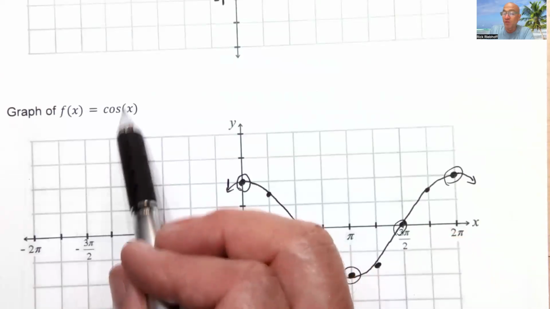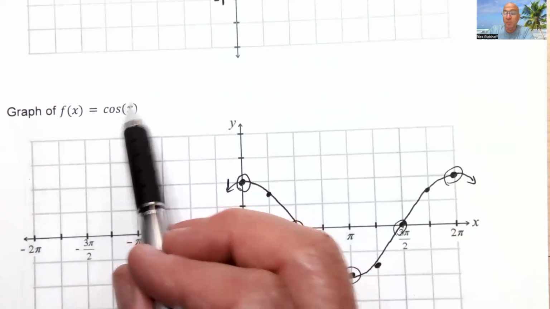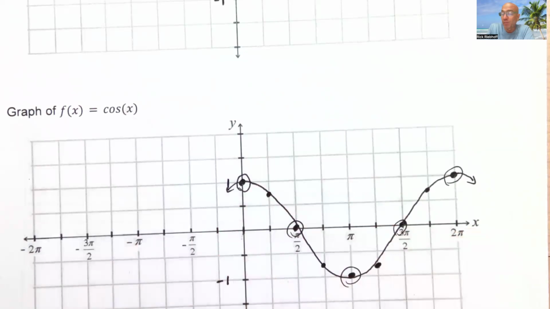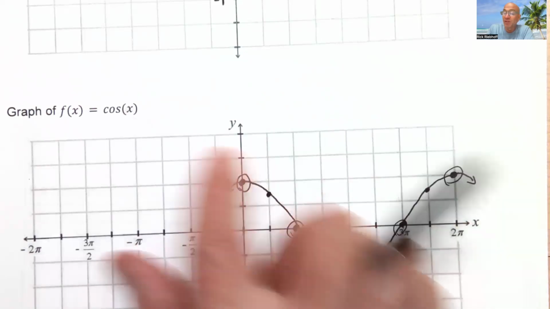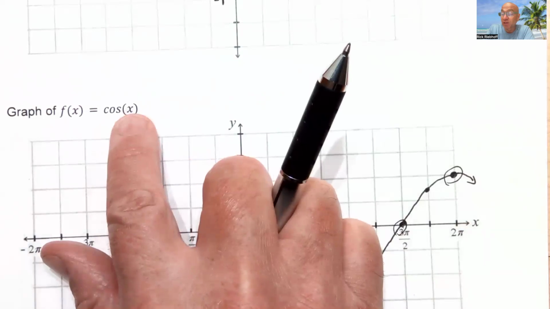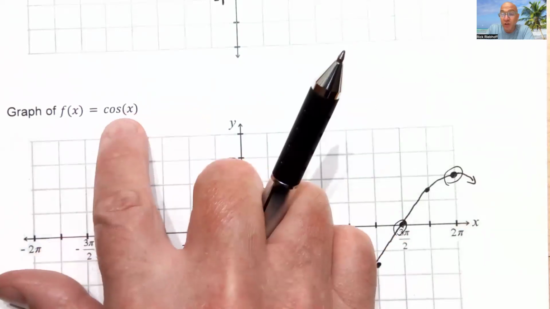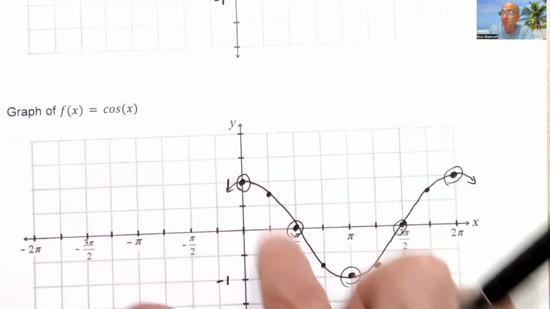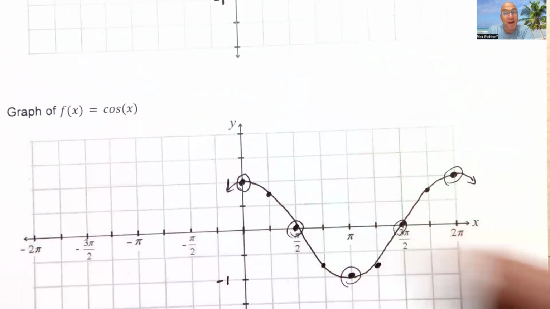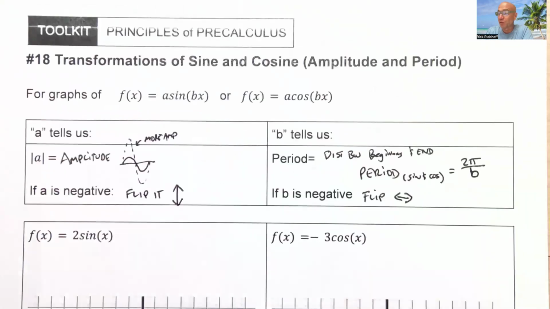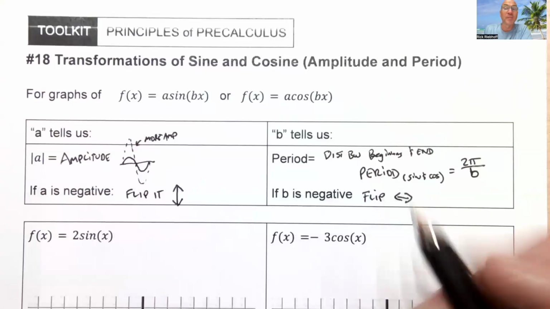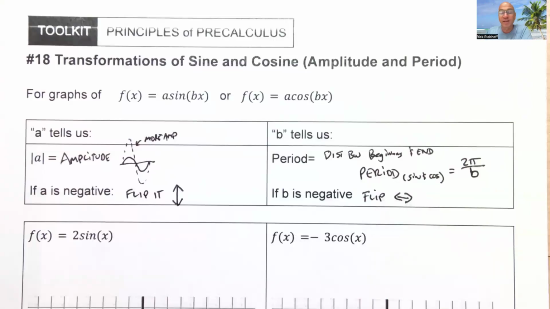This is a 1 in front of the x. Okay, 2 pi divided by 1 is 2 pi. So this doesn't change. It's its normal parent self. But if this was cosine of 2x, we would go 2 pi divided by 2, which would be pi, which would mean it would start and then finish by the time it got to pi. Okay, so kind of cool. Here we go. So 2 pi over b is the period, and we're going to practice that and we'll get better at it and you get used to it.